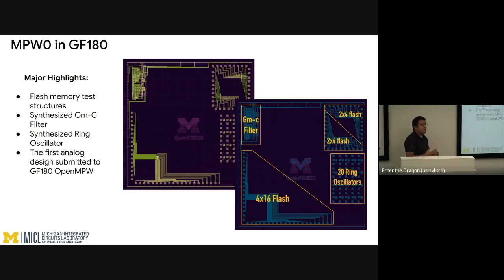We used the ring oscillators we did in SkyWater 130, which is just the same code. That's why we were able to do it in less than a month, right? So there's a lot of reuse here. We also made an array for non-volatile memory. We're trying to see how it's going to work. That's just test structures here, but I think it's going to be useful for the next tape out, if you want to build a non-volatile memory.